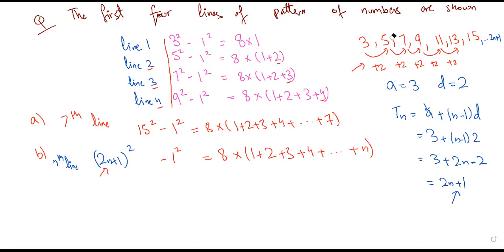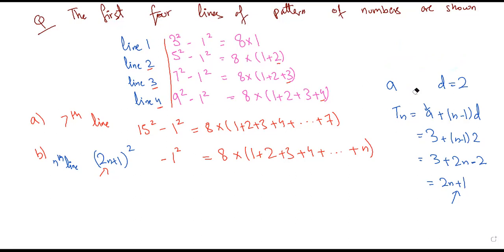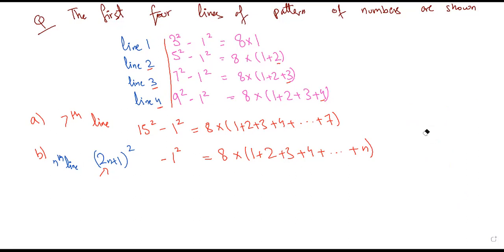I'll just drop this just so I have some more space. Okay. So for this, let's talk about the third part. Using the nth line pattern, we need to show something.